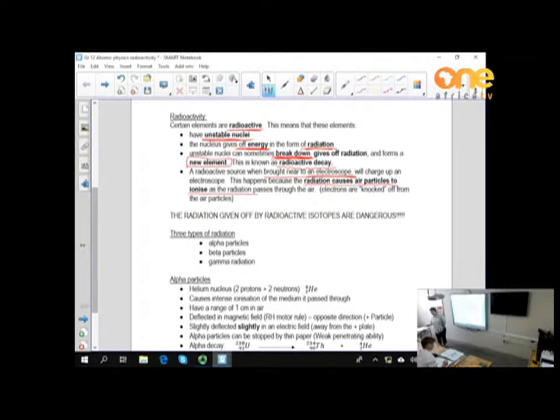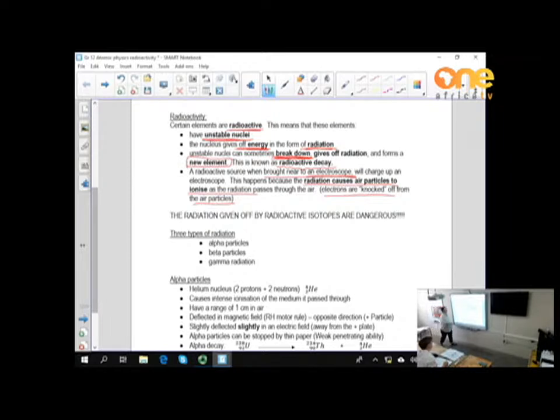It ionizes the air. So sometimes we refer to the radiation as ionizing radiation. Ionization implies electrons are knocked off the air particles. What are air particles? Oxygen, carbon dioxide, water vapor, nitrogen in the air.